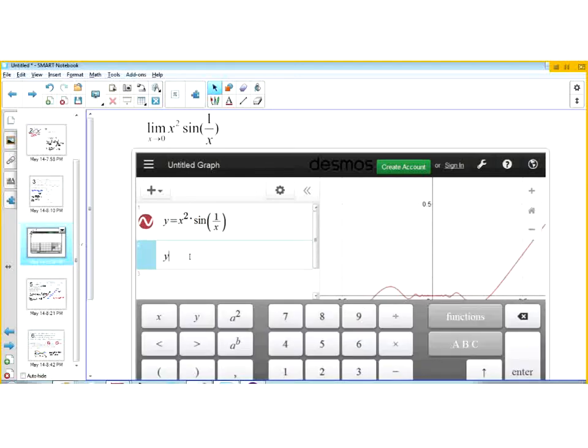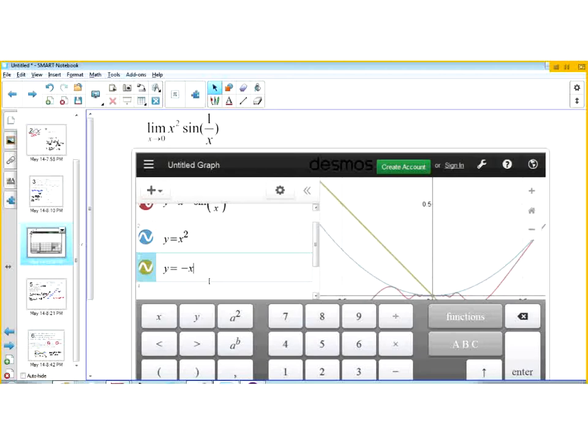So what we can do is graph y equals x squared, and then also graph y equals negative x squared. For those of you who've had trigonometry, you'll know that x squared and negative x squared constitute the envelope for the graph y equals x squared times sine 1 over x.